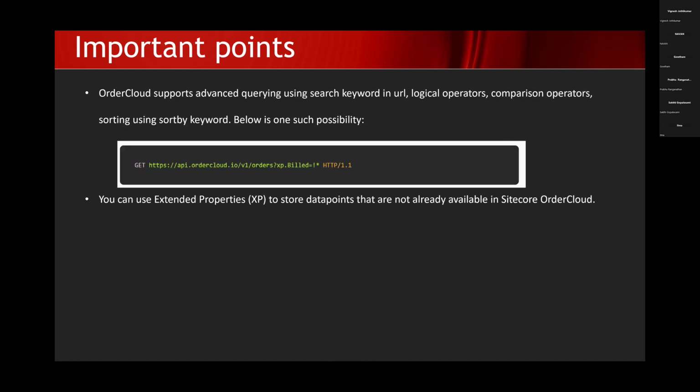Order Cloud supports advanced querying using the search keyword. There is a search keyword, a sort keyword. So you can use all this to apply logical operators. For example, if you see this, it is just a URL, but then you can use extended properties.